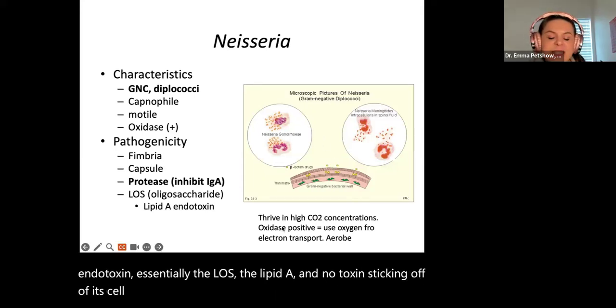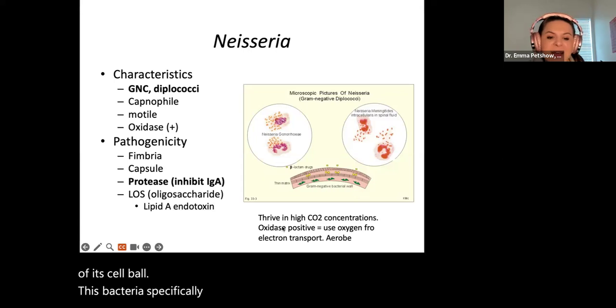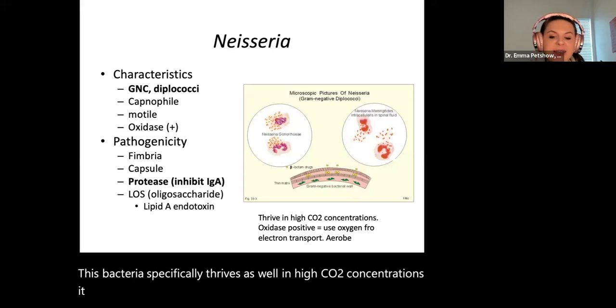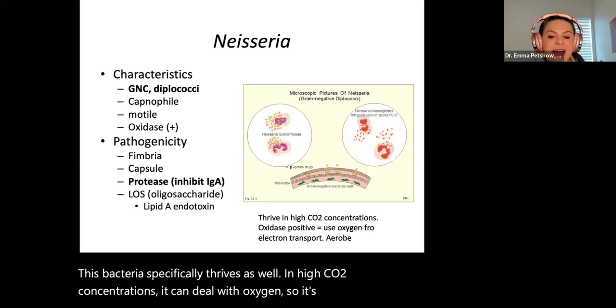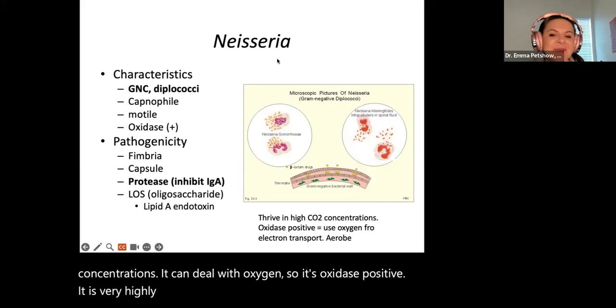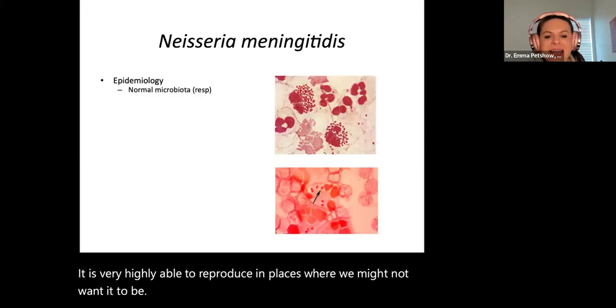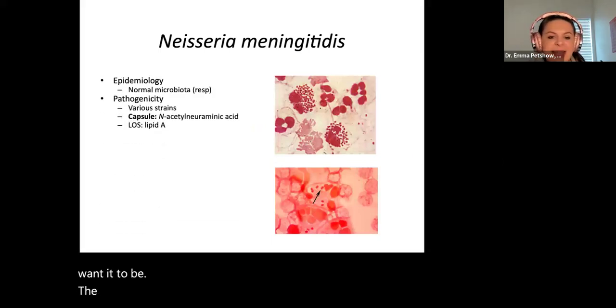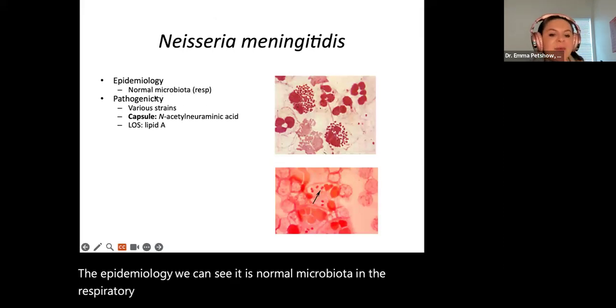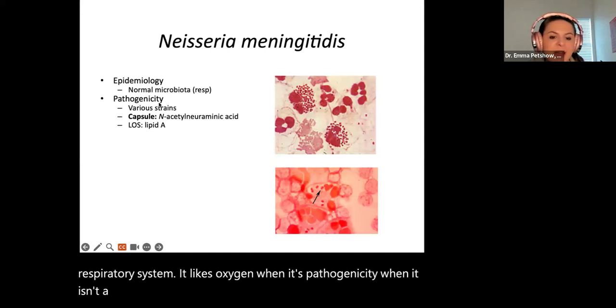This bacteria specifically thrives as well in high CO2 concentrations. It can deal with oxygen, so it's oxidase positive. It is very highly able to reproduce in places where we might not want it to be. For the epidemiology, we can see it in the normal microbiota of the respiratory system. It likes oxygen. When it is in a pathogenic strain, we can often see it containing a capsule or that endotoxin.